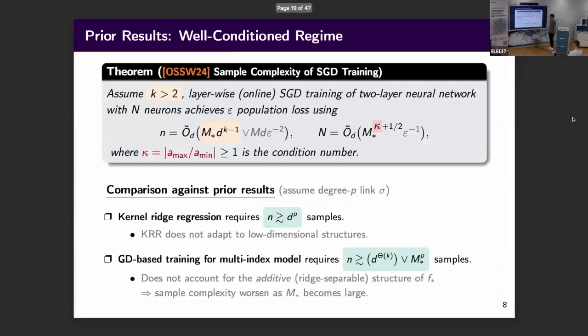But at least in the well-conditioned regime, this result already tells you that this extensive width neural network is learnable with a sample complexity that makes sense. You're learning m single index models. And this complexity is better than kernel methods, which depend on the degree. Now everything here only depends on the information exponent k.